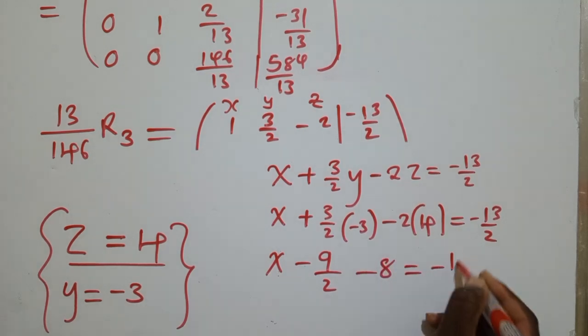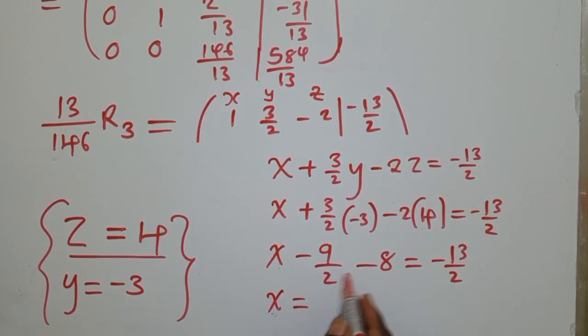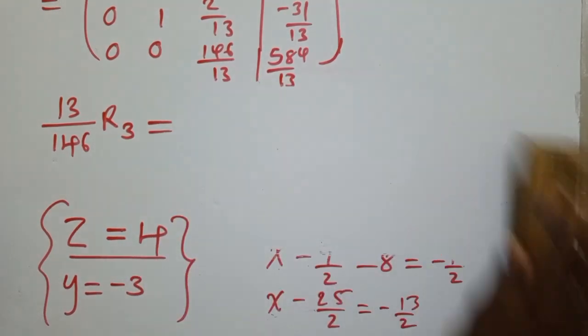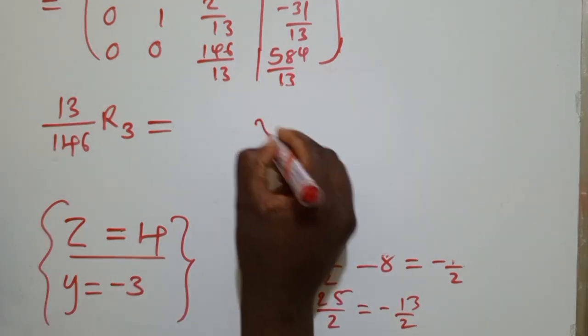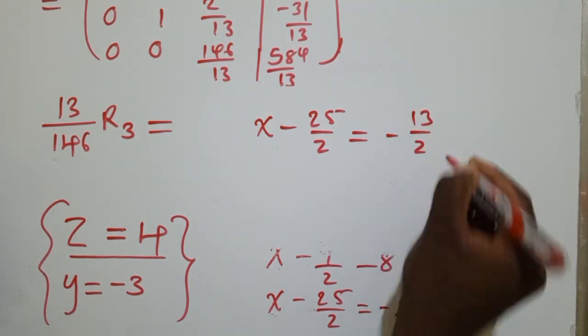So this will give us negative 25 over 2, if I'm not mistaken. So negative 9 over 2 plus 8 is giving us this is equal to negative 13 over 2. So when we work out this part, let me erase here. We are at this point where we have x minus 25 over 2 is equal to negative 13 over 2.